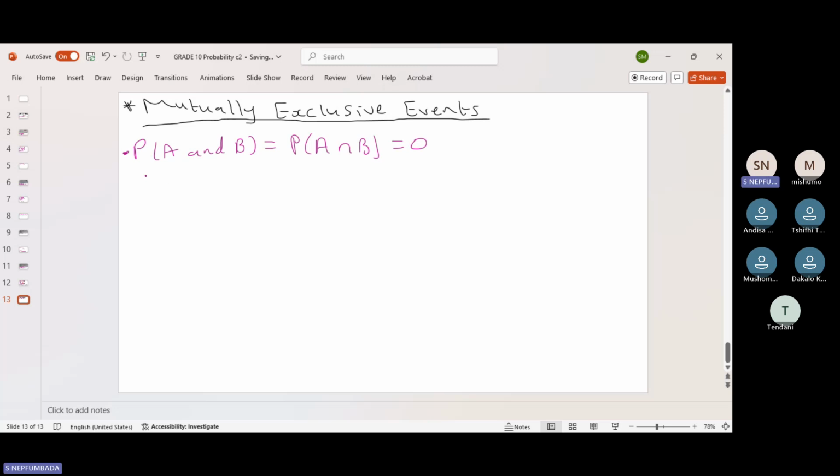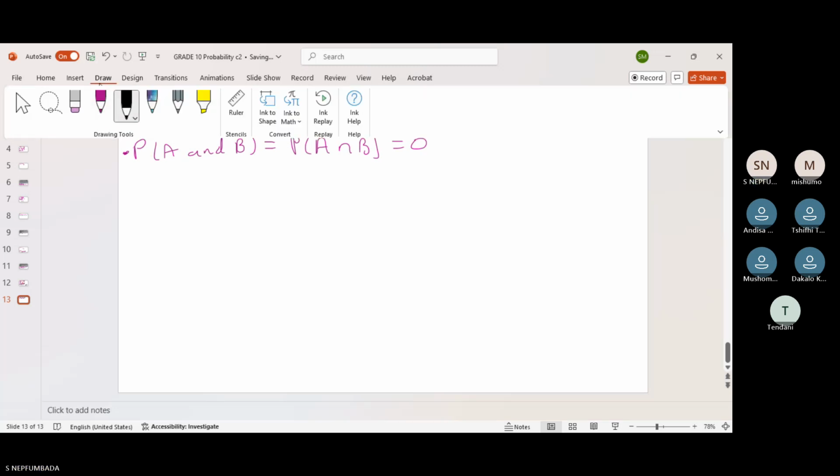Are we good? This is what we call mutually exclusive. There is no intersection.